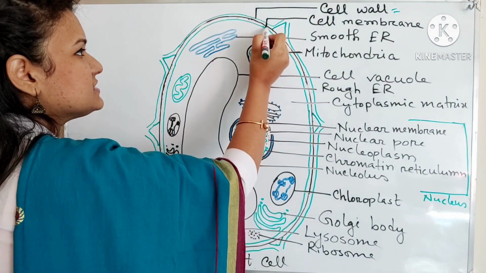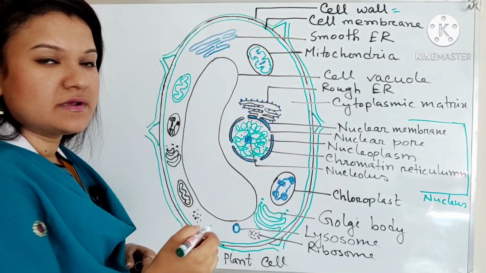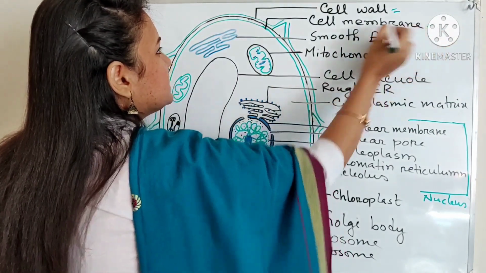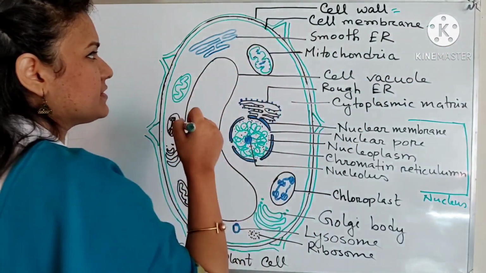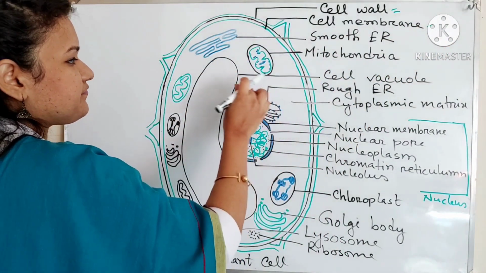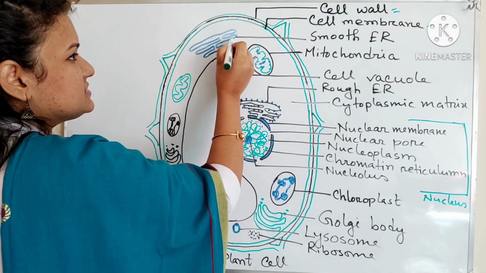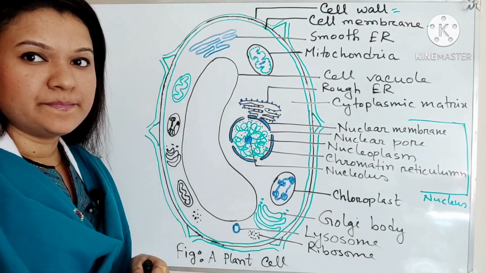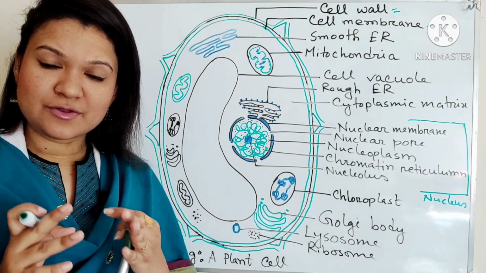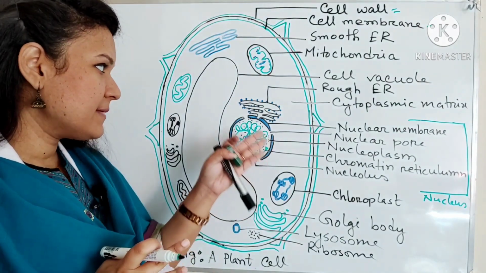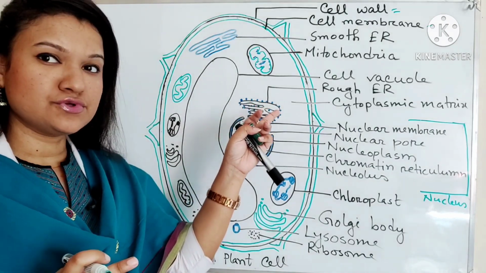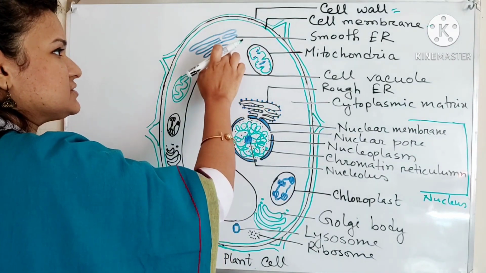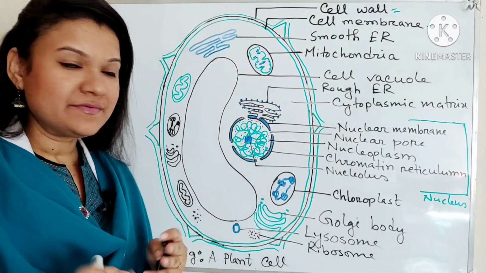And then this is the cell membrane, and then this is the smooth endoplasmic reticulum. When endoplasmic reticulum does not have any ribosome, then it's called smooth endoplasmic reticulum.